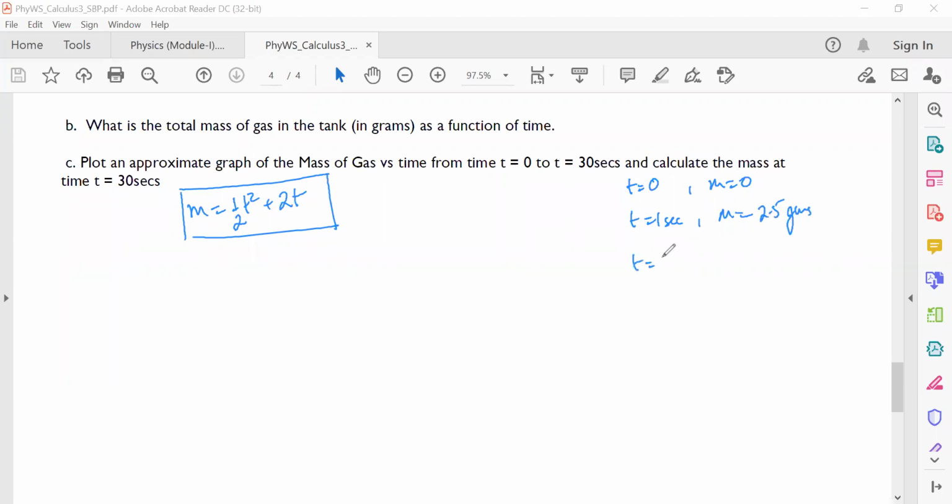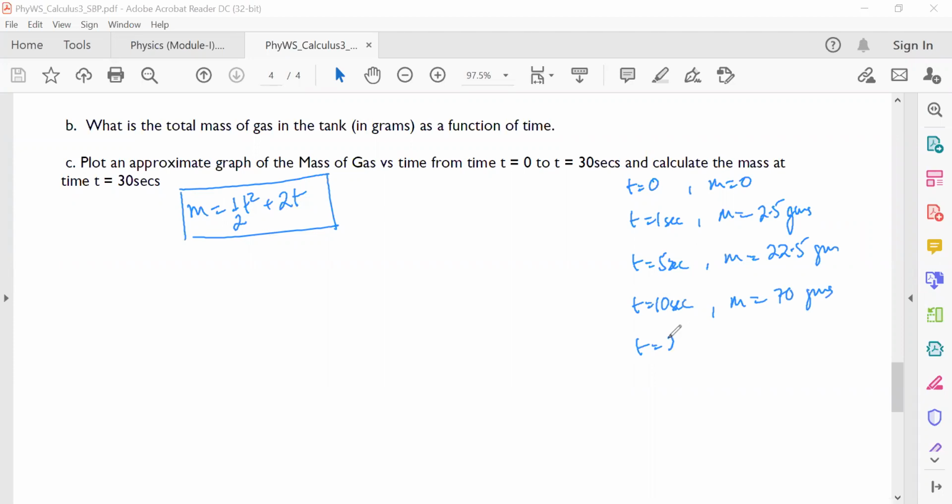Let's check at t equal to 5 seconds, for example. M will become 25 by 2, that's 12.5 plus 10, so that is 22.5 grams. Let's check at t equal to 10 seconds. M will become 100 by 2, that's 50 plus 20, 70 grams.